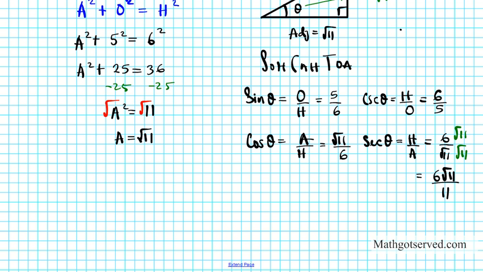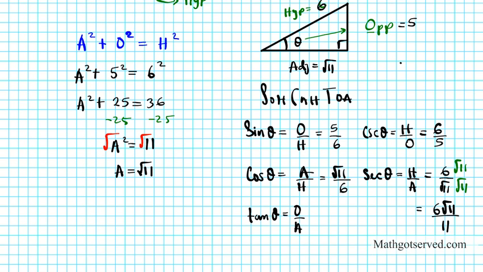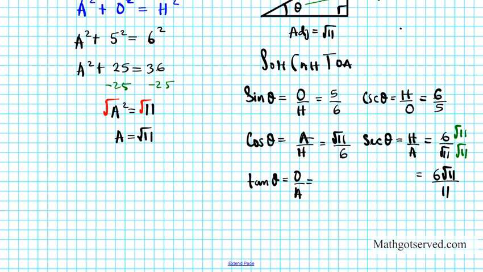Next thing we need is tan. So tan theta is what? From TOA, tan theta is opposite over adjacent. Our opposite is 5 and our adjacent is root 11, so it's going to be 5 over root 11. Now to finish this up, we need to get rid of the square root in the denominator, so we rationalize by multiplying by root 11, top and bottom.